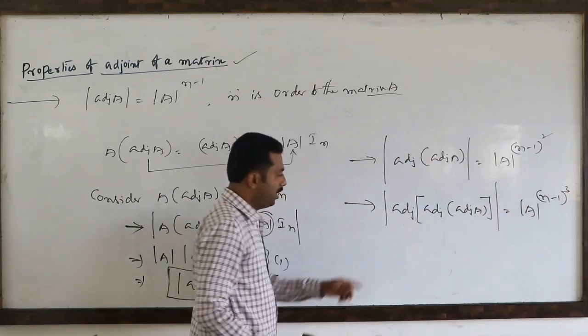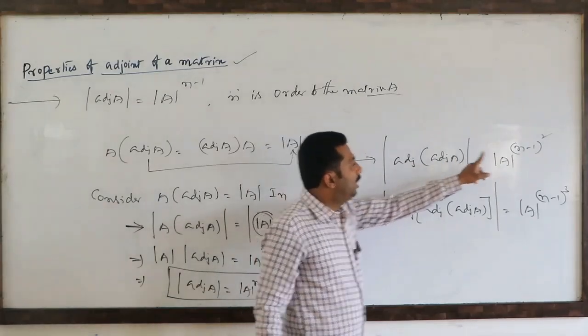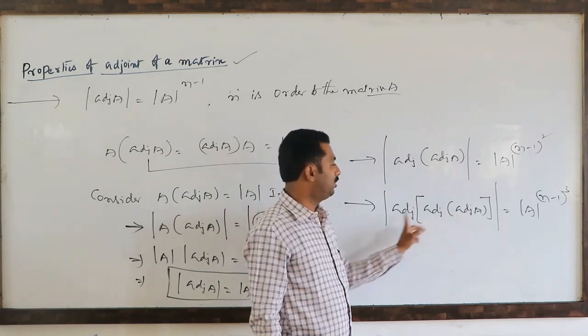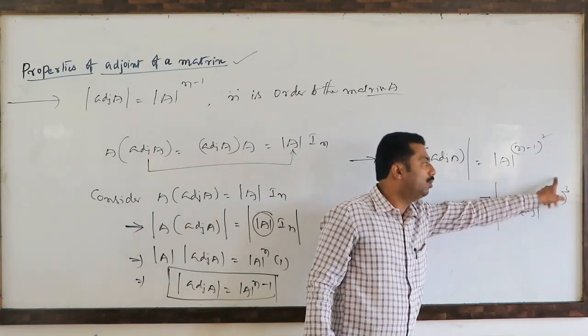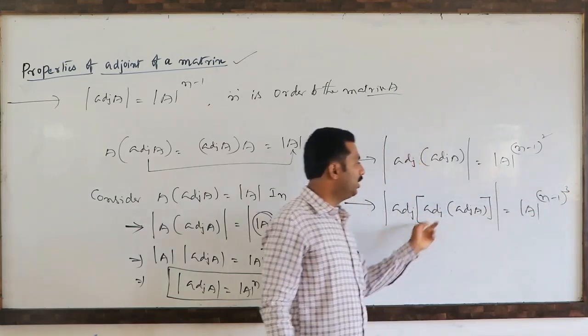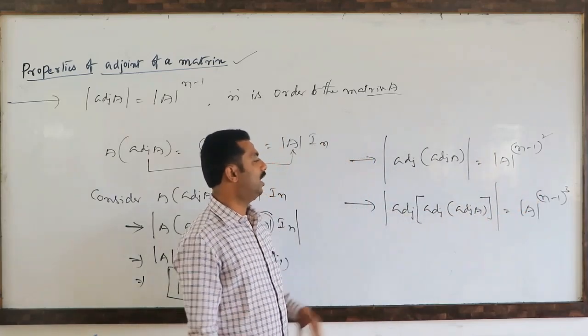Two adjoints, n minus 1 whole square. Three adjoints, power 3 will come. Four adjoints, n minus 1 whole power of 4 will come, where n is the order of the matrix.